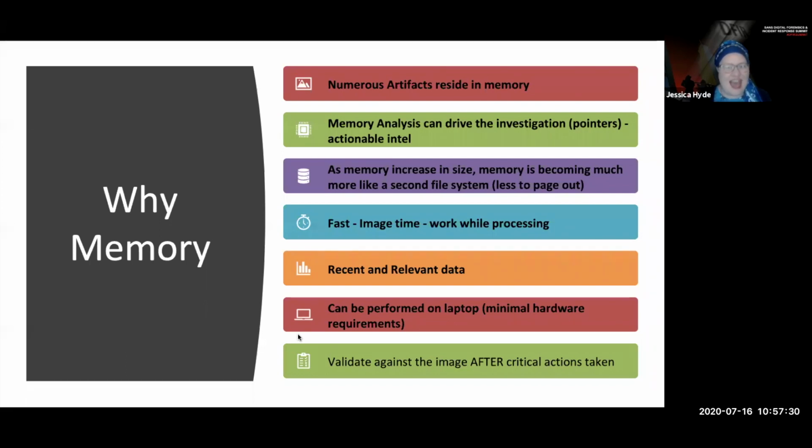If you need actionable intel, things that you can use today, information that can inform the investigation right now as it's happening, information that can be used to drive questioning, you can find that in memory in less time. It's going to be faster to image. And what's more important is you can already be working on your analysis of memory, getting great artifacts of attribution and execution while the image of the disk is still being created.